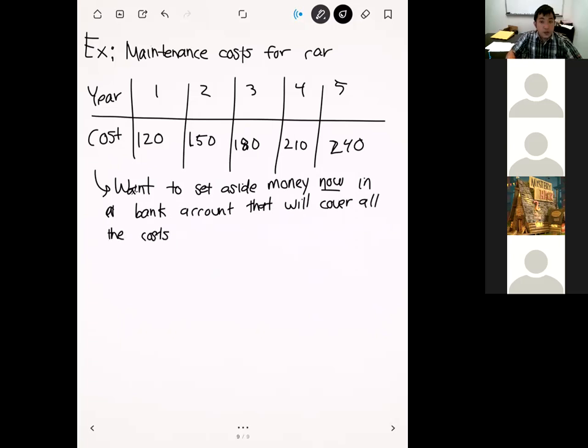Let's say your friend is setting aside money in a bank account with 5% interest.